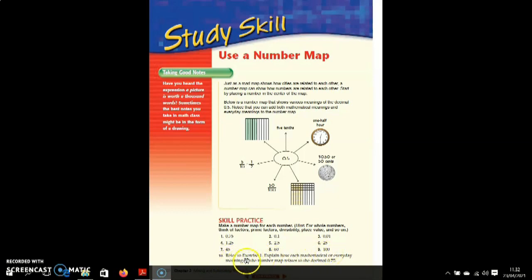Refer to exercise 1. Explain how each mathematical or everyday meaning of the number map relates to the decimal 0.75.